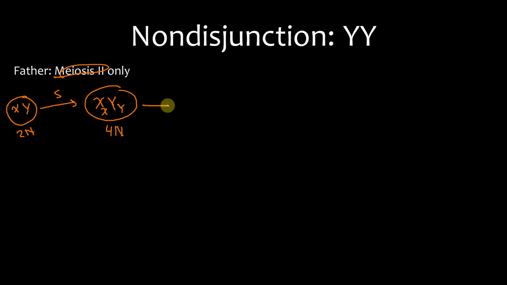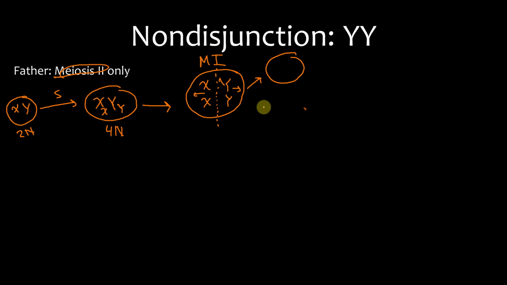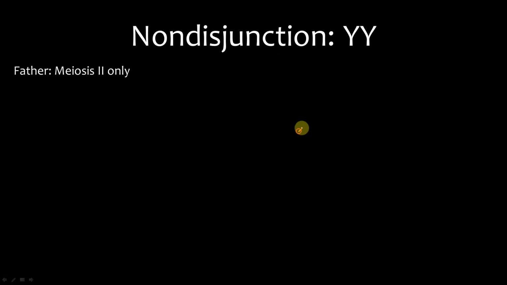So if we're having a non-disjunction in meiosis 2, is that going to change what happens at the metaphase plate of meiosis 1? No, that's going to be completely normal. So this is going to look exactly like what we would expect it to look like. X, X, Y, Y. Segregation results in 2 cells that look like this.